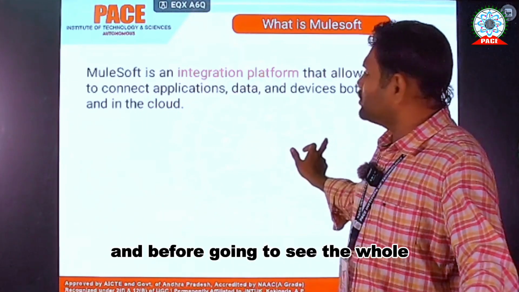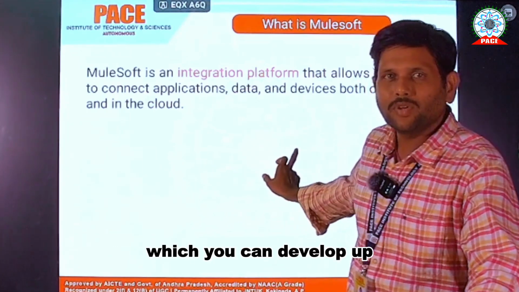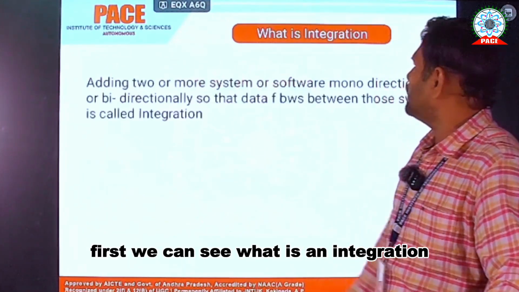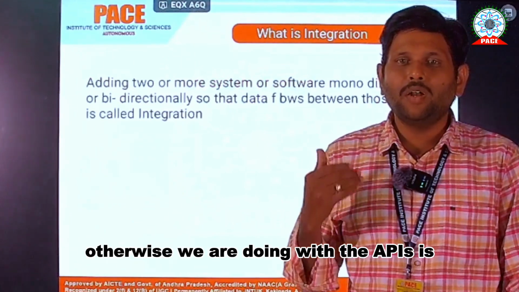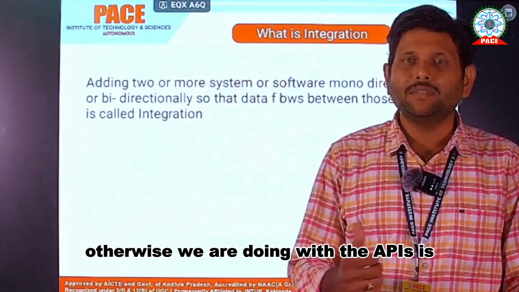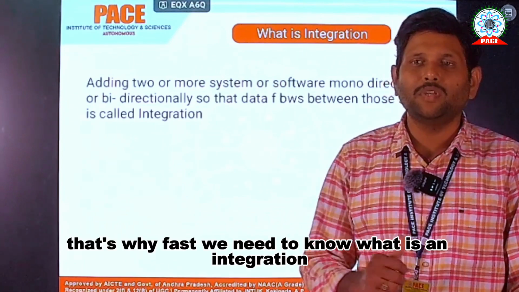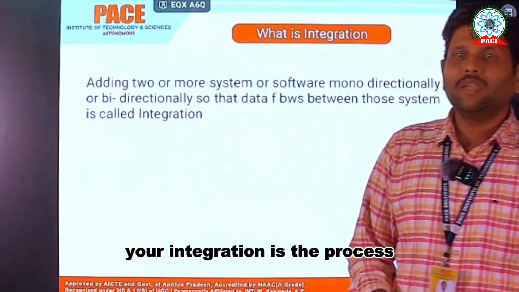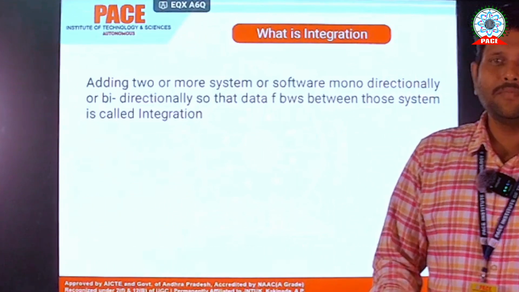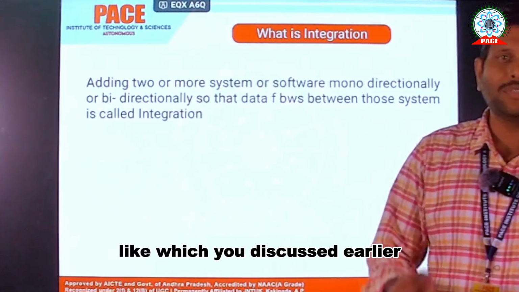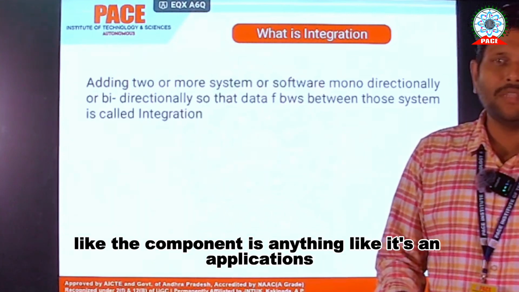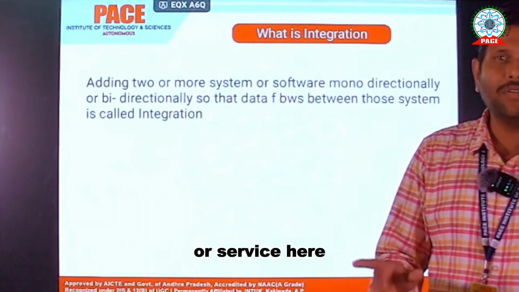Before seeing how to develop Mule APIs, first we can see what an integration is. That is the main thing, because what we are doing with the APIs is to integrate. That's why first we need to know what an integration is. Integration is the process to transmit the data from one component to another component, like we discussed earlier. That component is anything, like an application or service.